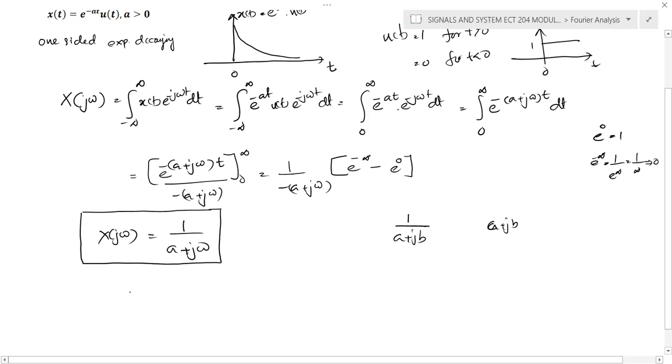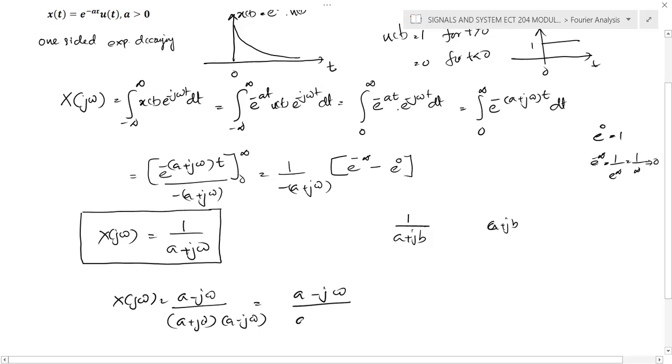So we can multiply this signal, numerator and denominator, with a minus j omega. So a plus j omega into a minus j omega, to put it in the normal a plus jb form. So you'll get a minus j omega in the numerator.